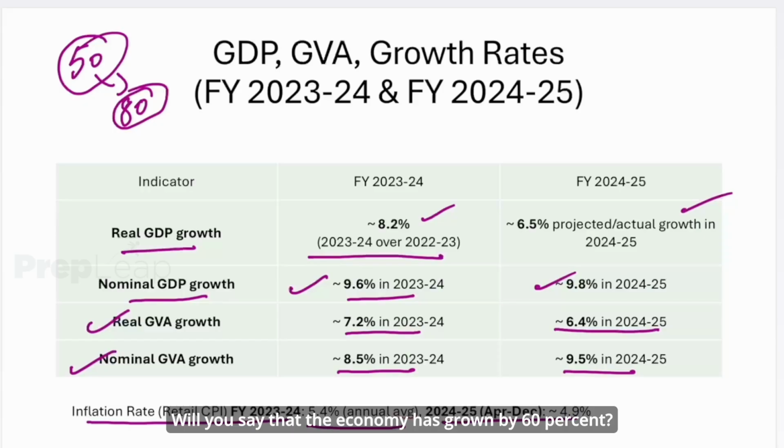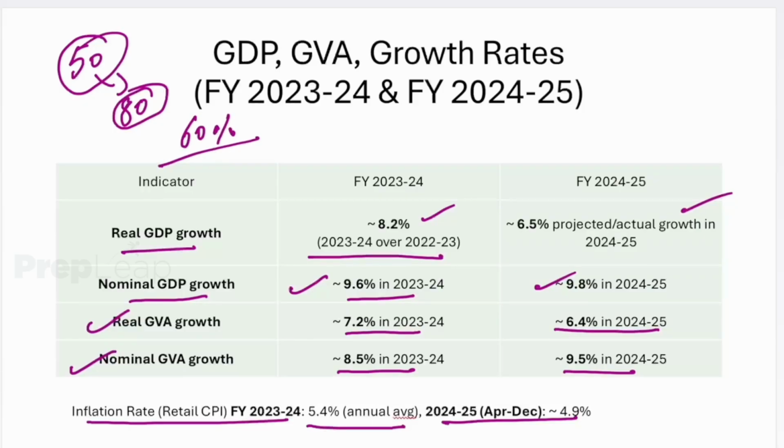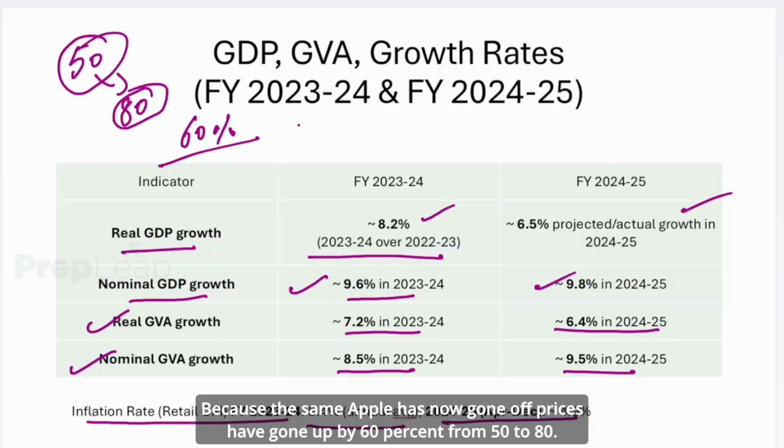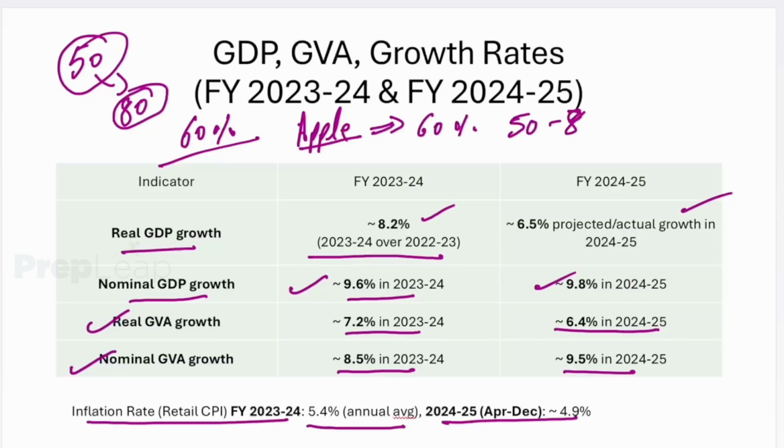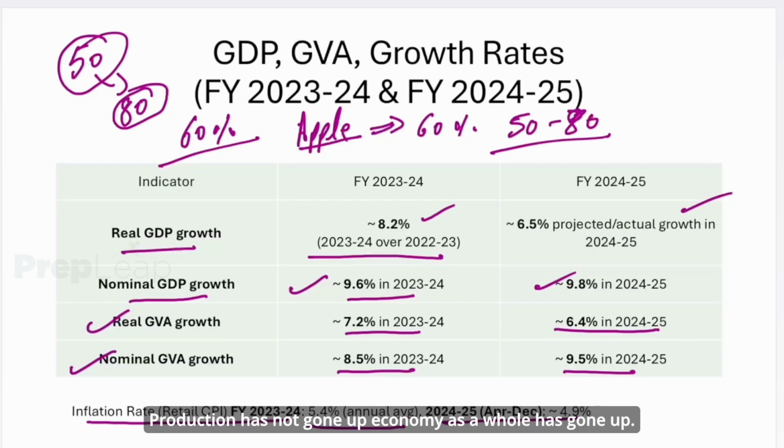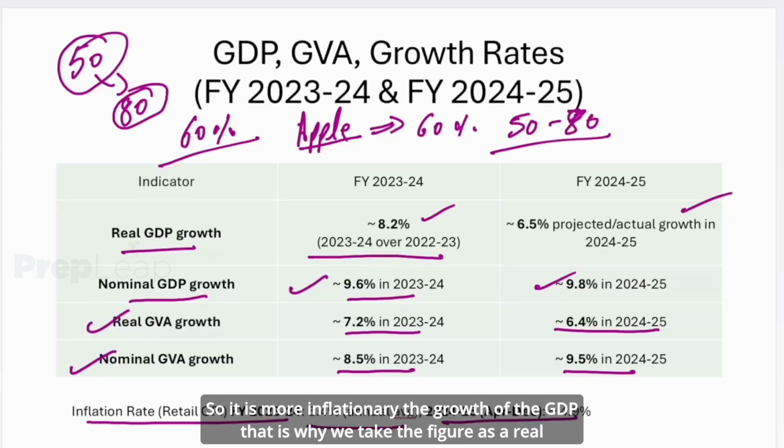Will you say that the economy has grown by 60%? No. Why? Because the same apple has now gone, or prices have gone up by 60% from 50 to 80. Right? Production has not gone up. The economy as a whole has not gone up. So it is more inflationary, the growth of the GDP.